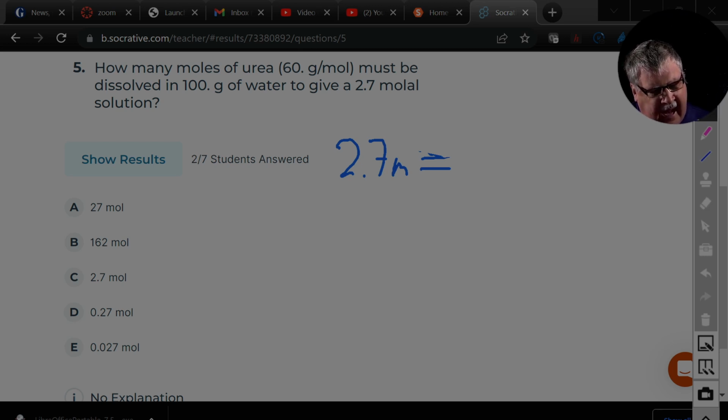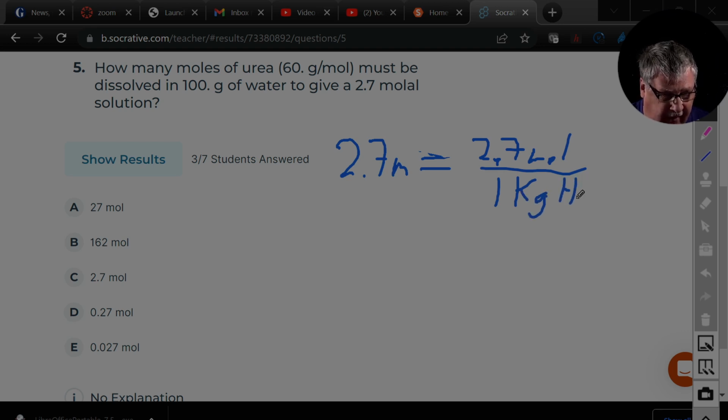Exactly. So if I have a 2.7 molal solution, that means I have 2.7 moles of urea in 1 kilogram, or excuse me, 1,000 grams of H2O.